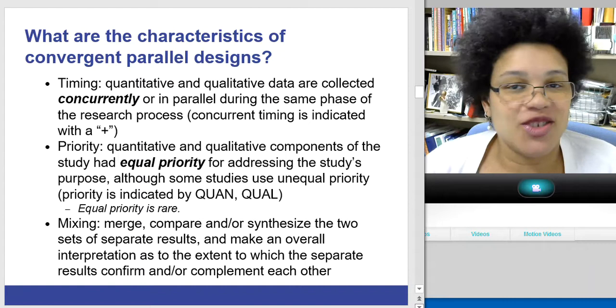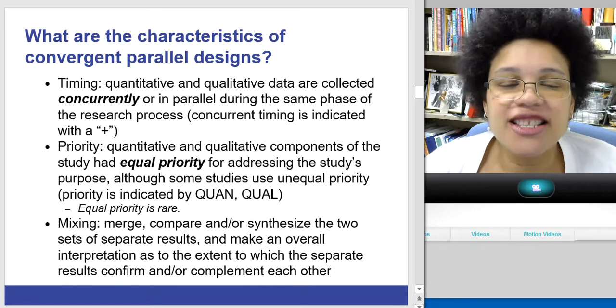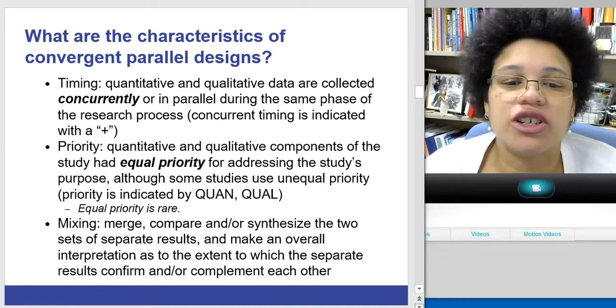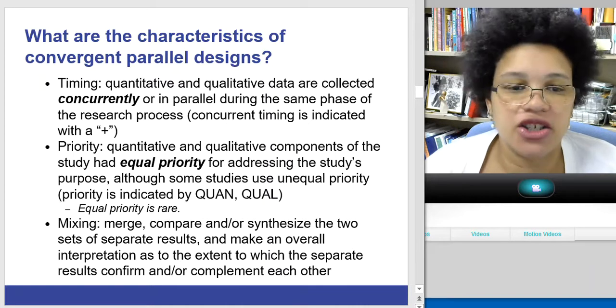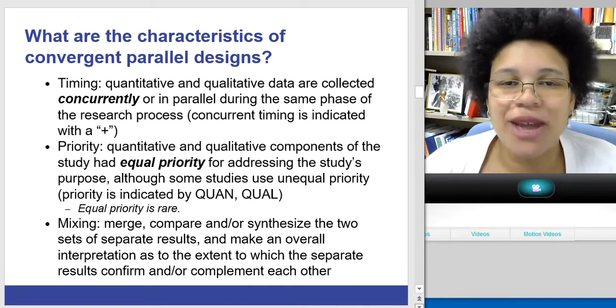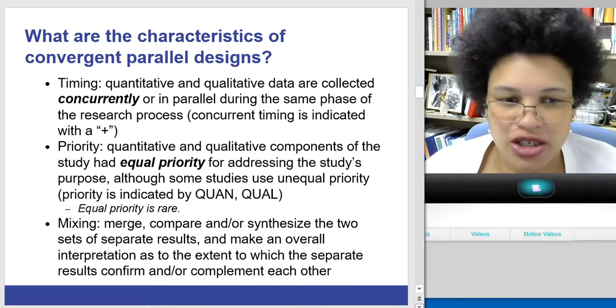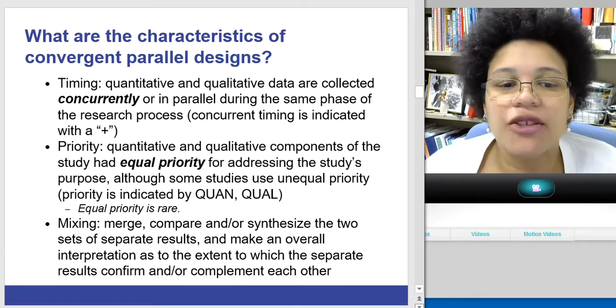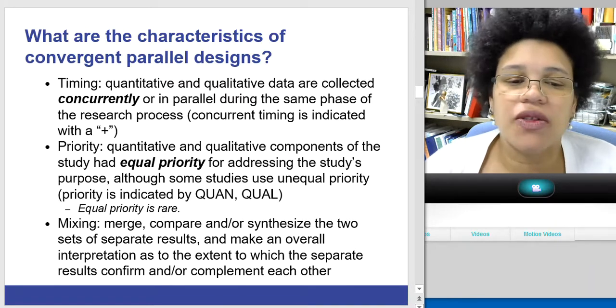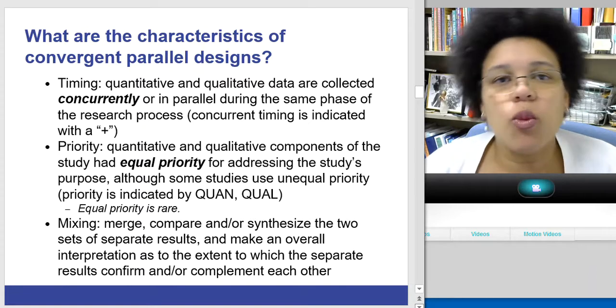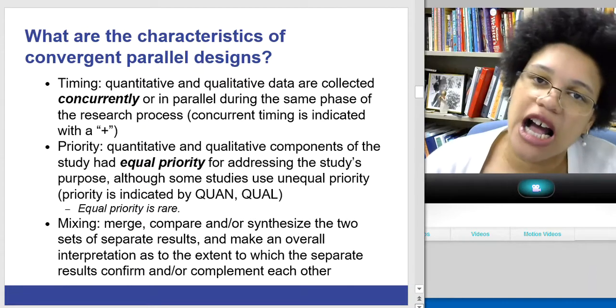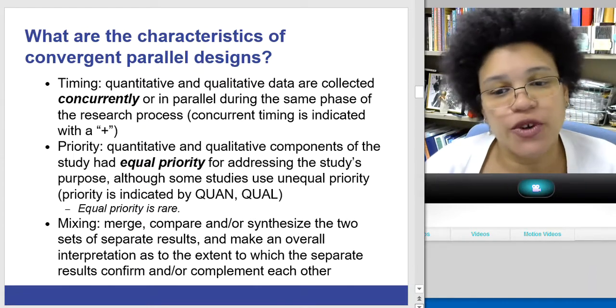And again, this is rare. And then there's some way of merging or comparing or synthesizing the two sets of separate results to make an overall interpretation about the phenomenon, and also about the extent to which one set of results complements or extends or confirms the other set.